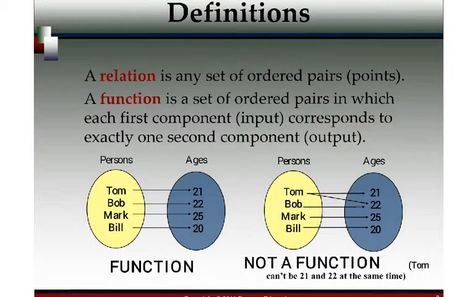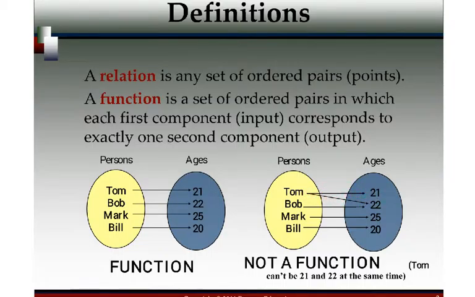Okay, so here I have examples for you. Notice that in this relation right here, it is a function because all of my inputs go to exactly one output. And then this relation here is not a function because right here, first off, this person, Tom, has the ages going to two numbers.